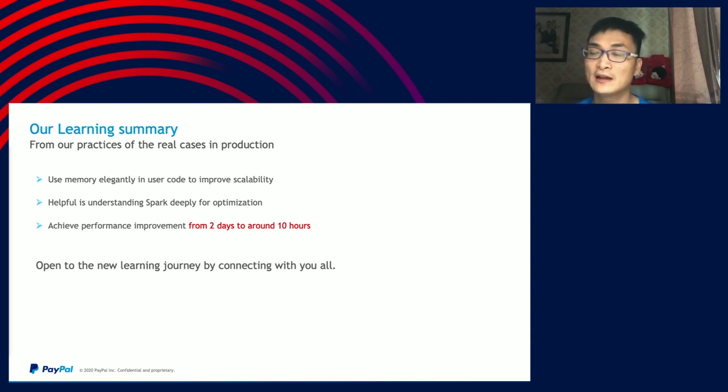As I mentioned, most out of memory issues are due to our own inappropriate memory usage in our code. It's not the fault of Spark. So we need to use memory in our code elegantly to avoid out of memory and to improve the scalability of our application.